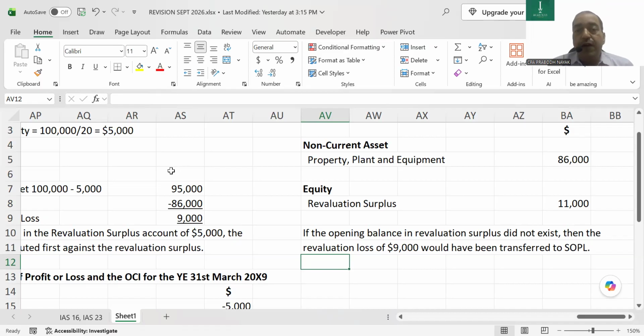Some new students are there who have not done lease accounting in your regular session. So fine, we will be doing lease accounting in the next session, right? So let us stop here and keep revising on a regular basis and see that you are up to date, right? Thank you.